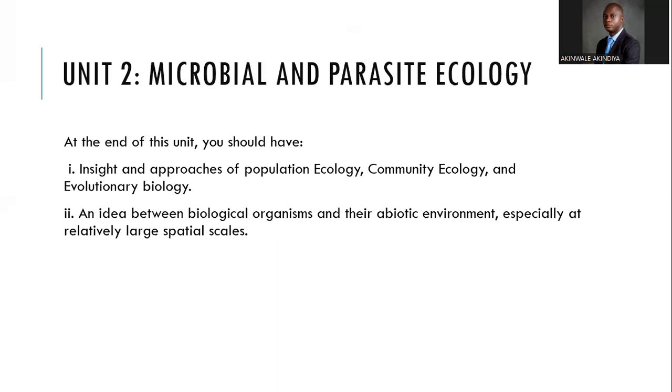Okay, Unit 2 is microbial and parasite ecology. Here we'll be looking at insights and approaches of population ecology, community ecology, and evolutionary biology. We'll be looking at the relationship between biological organisms and their abiotic environment, especially at relatively large spatial scales.